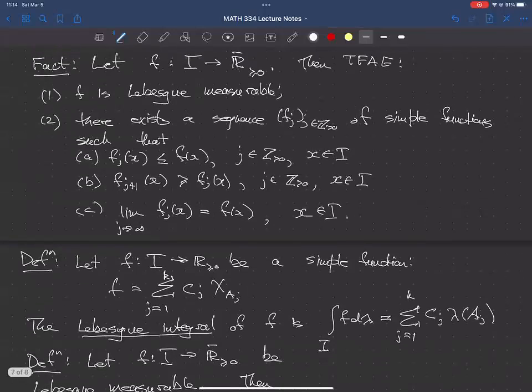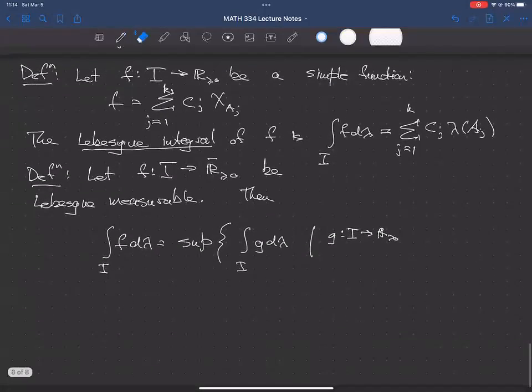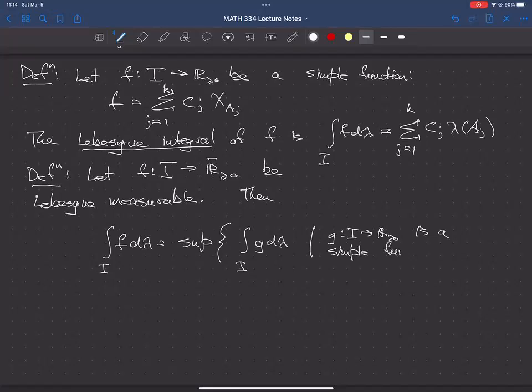I should have said here that these simple functions in this construction can be taken to be non-negative valued, such that g of x is less than or equal to f of x.